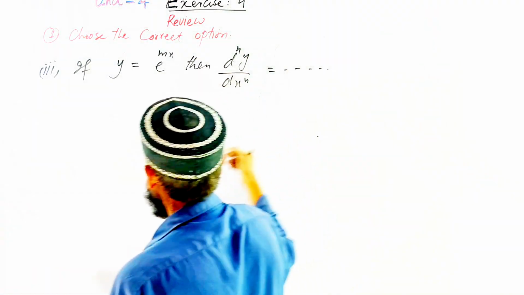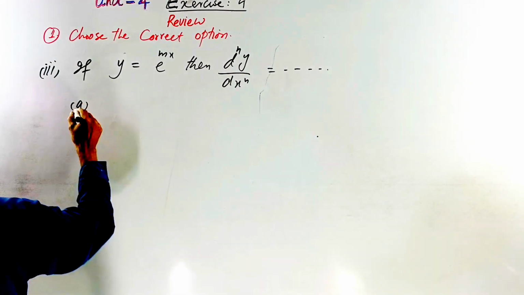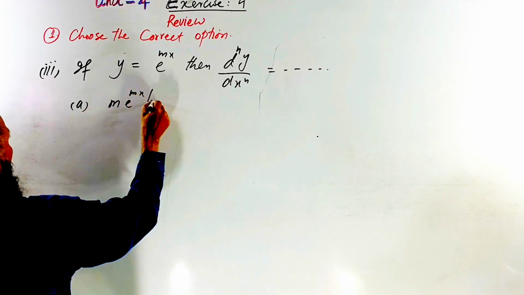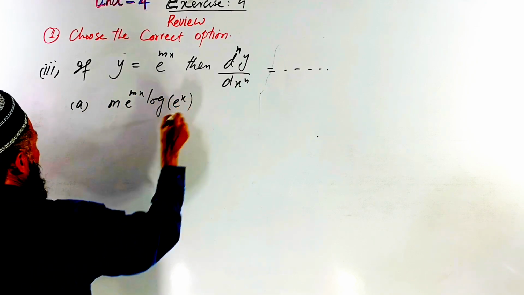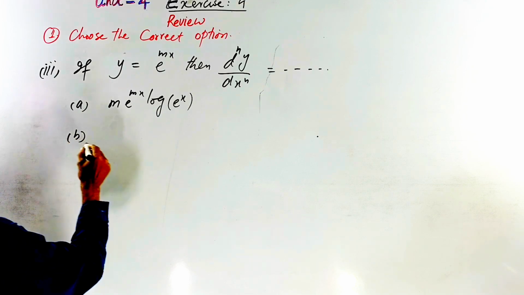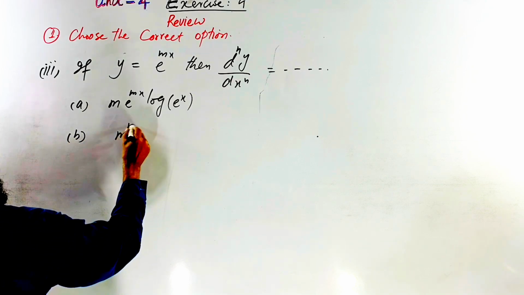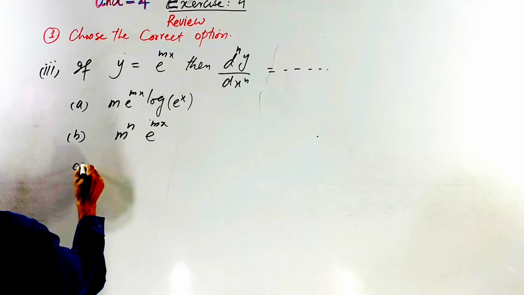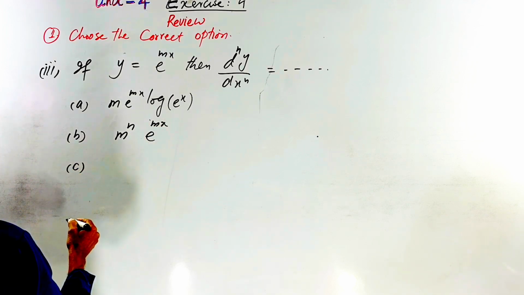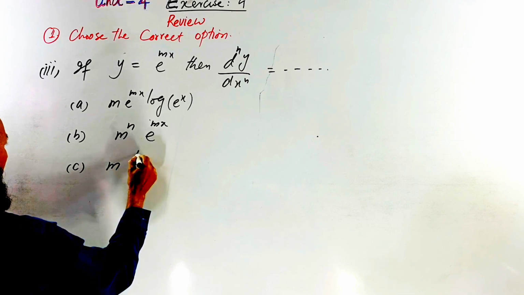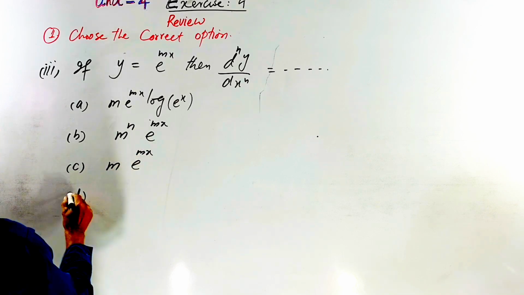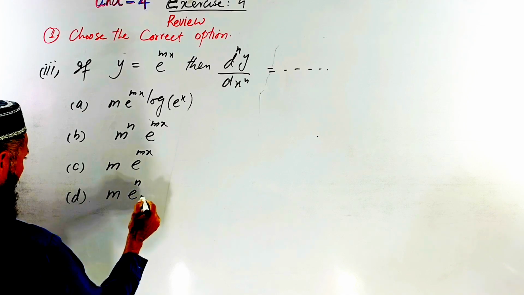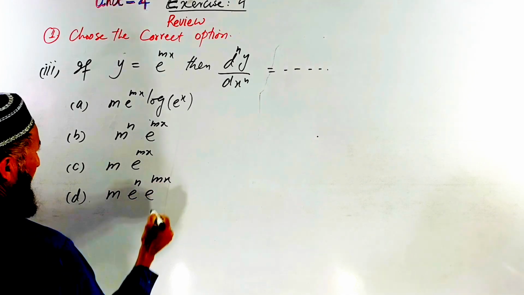Option A is n e power mx log of e x; B is m power n e power mx; option C is m e power mx; and D is m e power n e power mx.